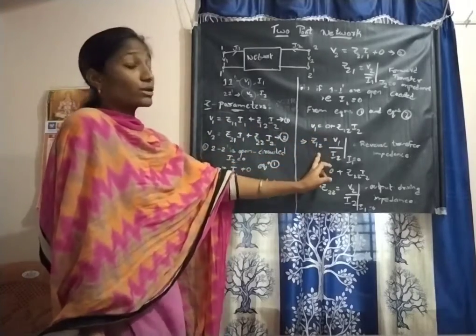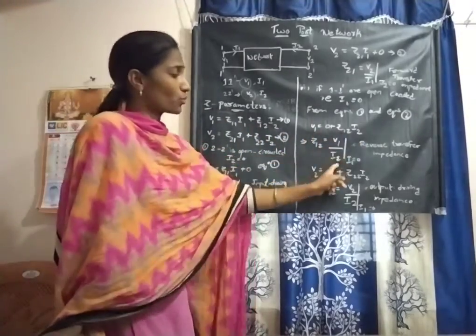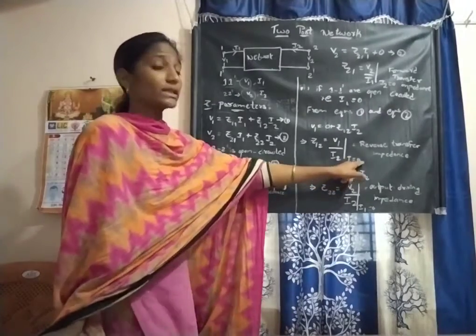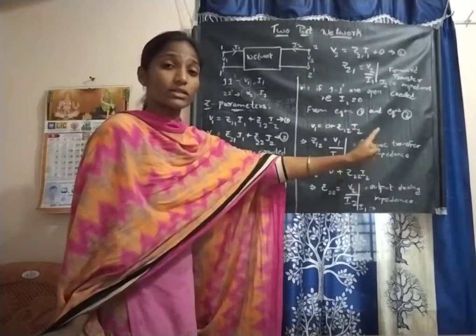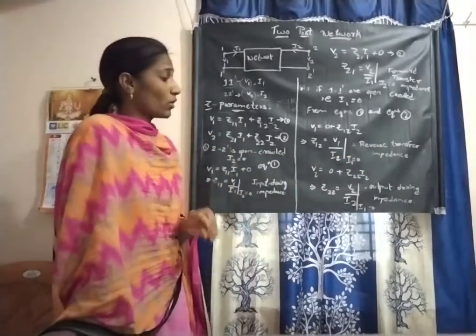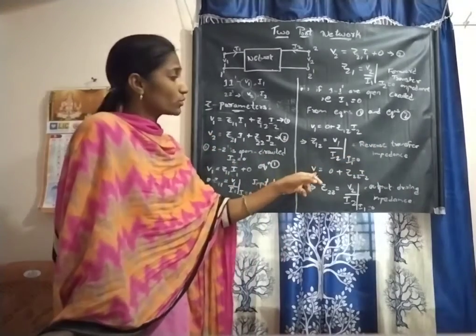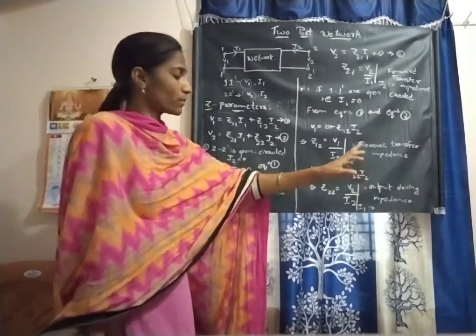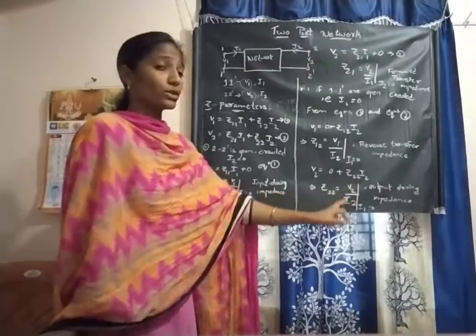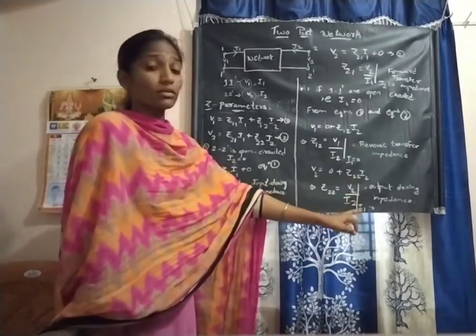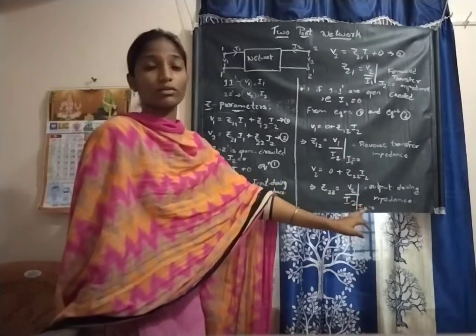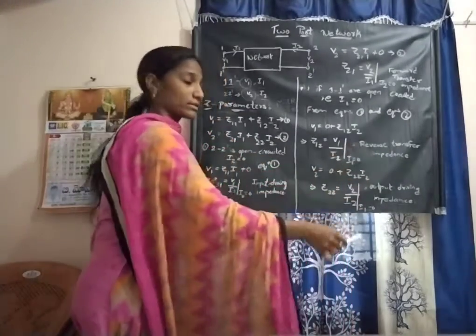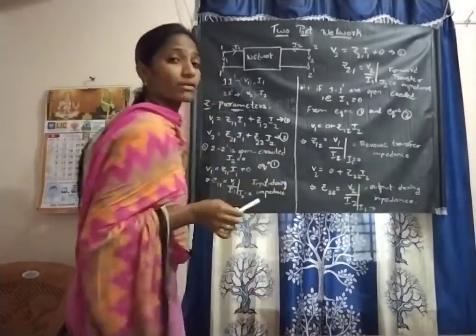So Z12 equals V1 by I2 when I1 equals 0, and this is named the reverse transfer impedance. Next, V2 equals 0 plus Z22 I2, then Z22 equals V2 by I2 when I1 equals 0, and this is known as the output driving point impedance.